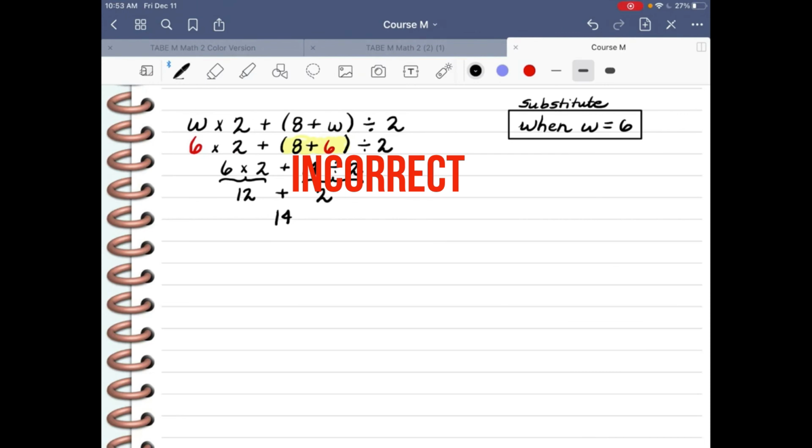Here's another one. Let's do A, 7 minus B to the second power, divided by C plus 2, when A is 4, B is 5, and C is 2.